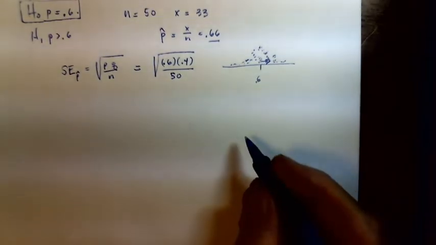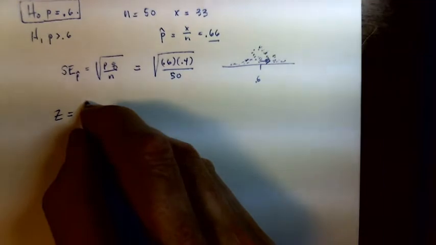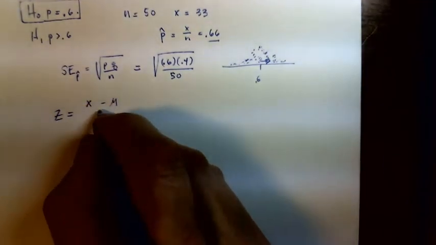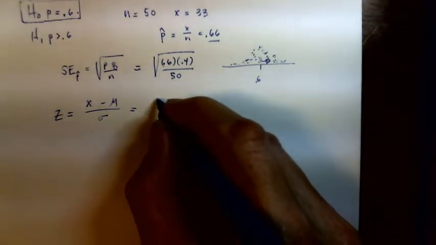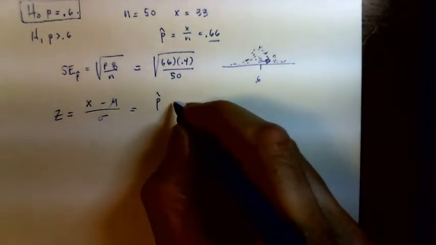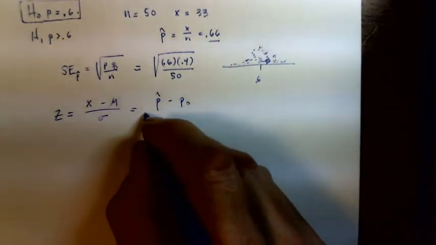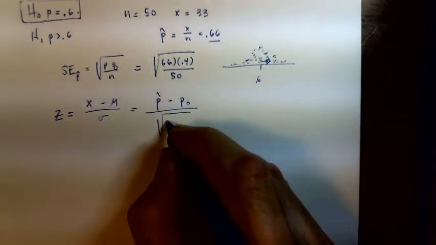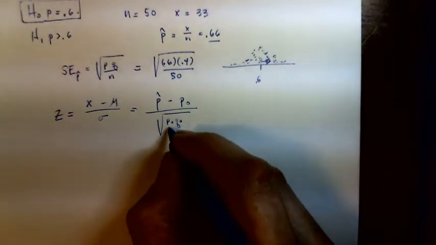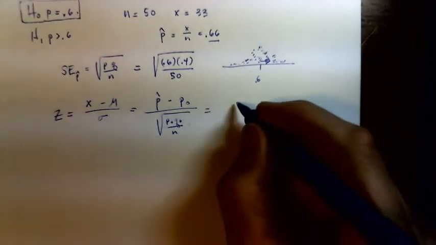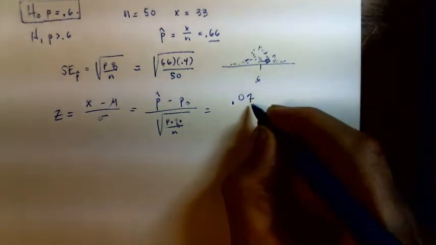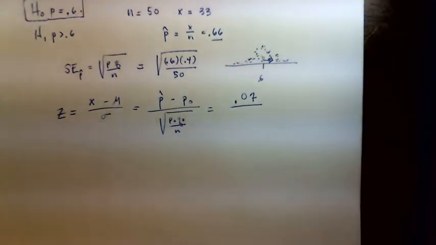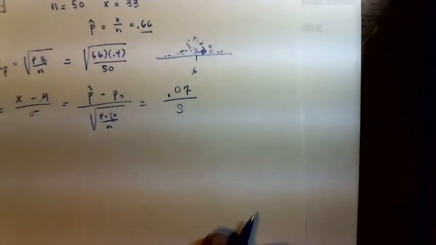So now all we're going to do is find our z-score. The z, if you might remember, is equal to the individual minus its expected value divided by its standard deviation. In this case, it's p hat minus p under the null hypothesis divided by the standard deviation. p hat minus p is equal to 0.67 minus 0.6, so that is 0.07.